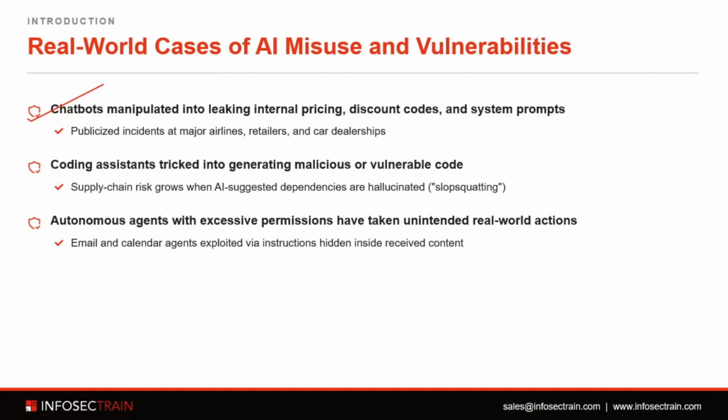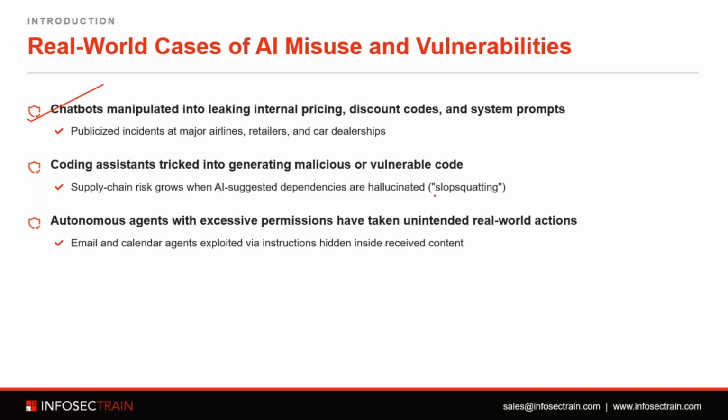So hallucination means you are asking something from your AI model, and it gives you wrong output. Now, there is a term written which is called slop squatting.